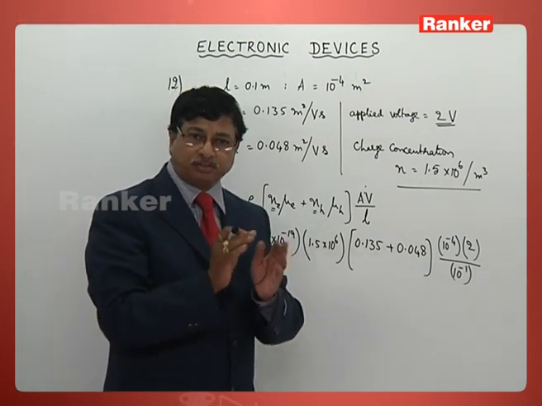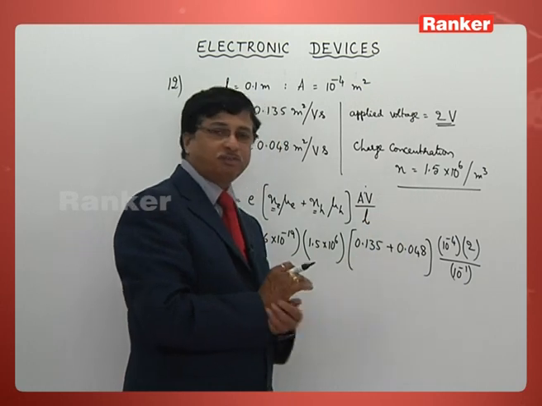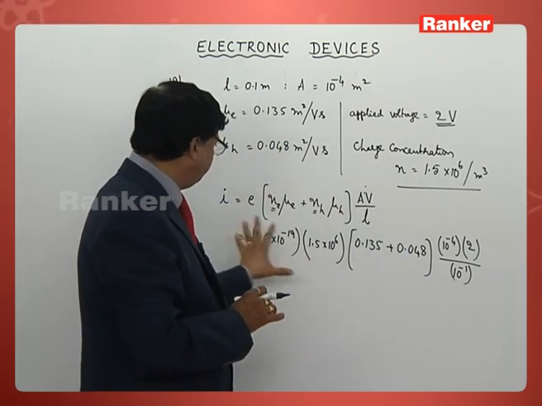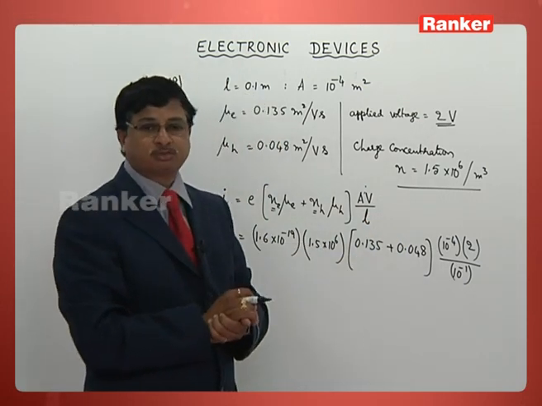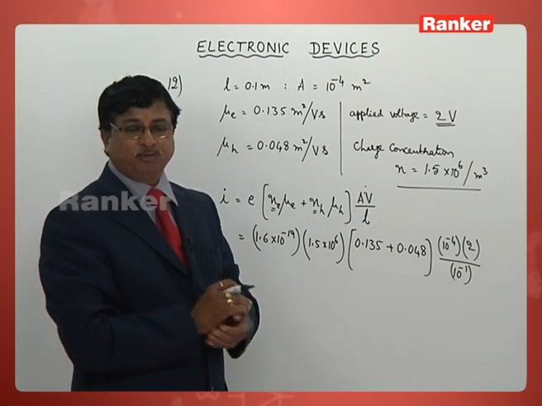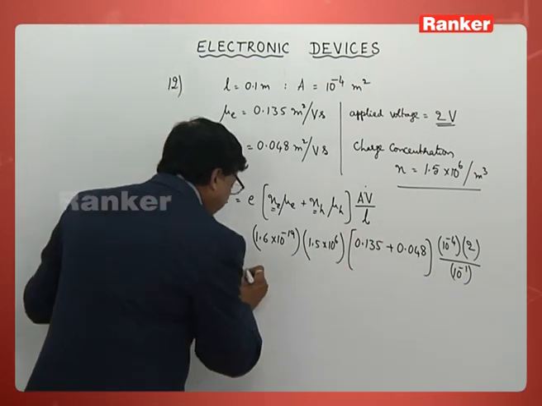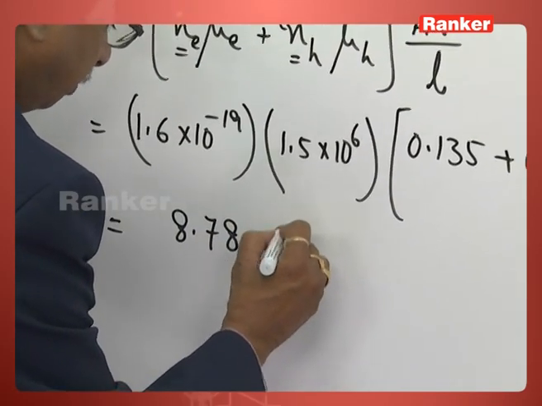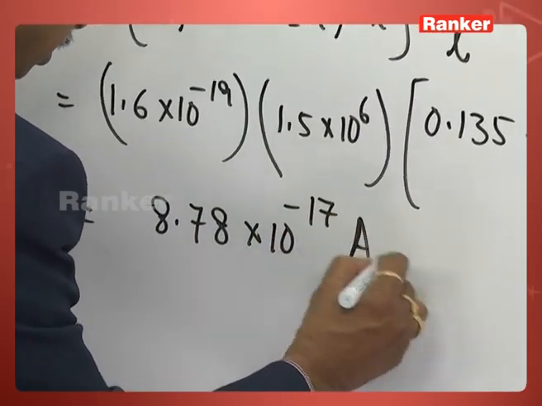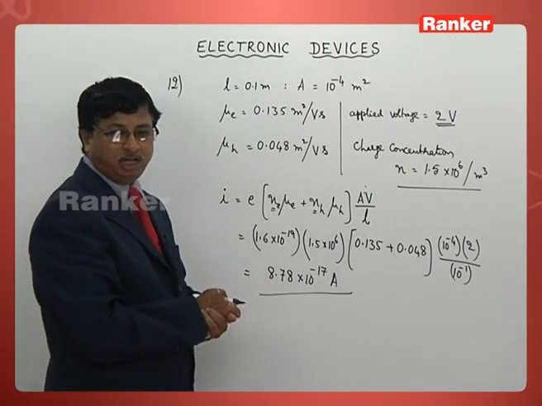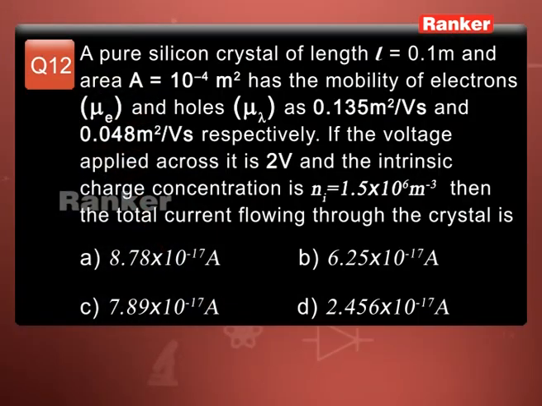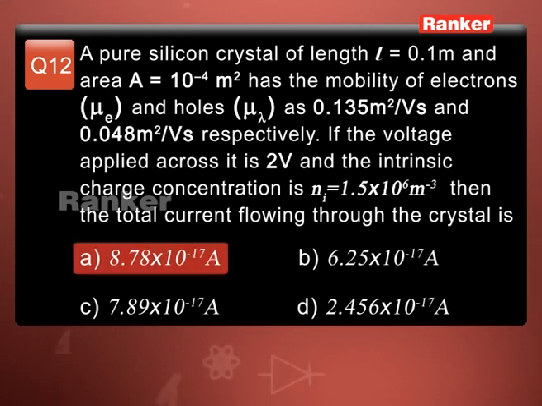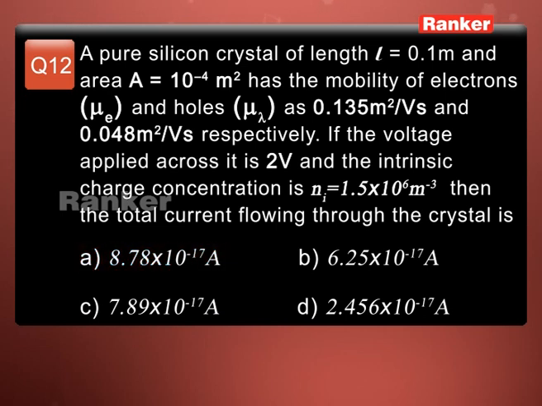Electric field across the system only is represented by this V by L. So this is the calculation what one has to go for. If you simplify this one, you will be getting exactly 8.78 into 10 to the power minus 17 ampere, which of course tallies with the very first option given in the problem.